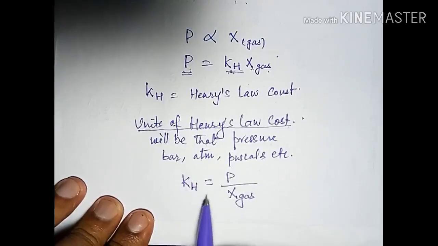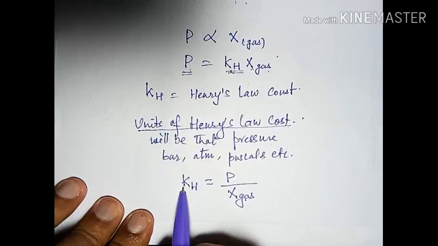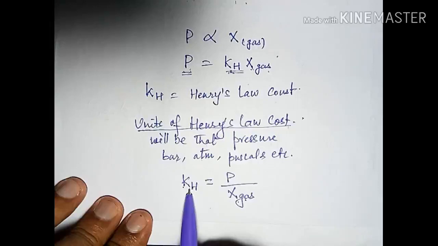So we can infer from this equation that X is the solubility of the gas and KH is Henry's law constant. There is an inverse relation between the Henry's law constant and the mole fraction of the gas. The higher the value of Henry's law constant, the lower will be the solubility of the gas.